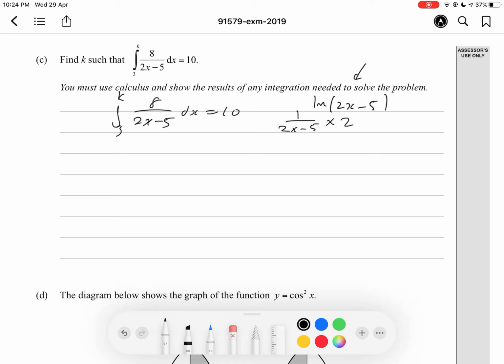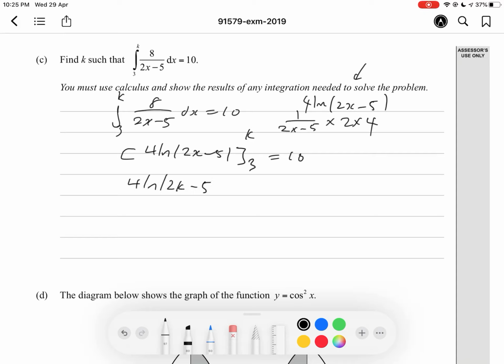So instead of having 8, we'll have a 4 outside the ln, so that when time comes we can multiply by 2 to get the 8 we need at the top. So what we actually have here is 4 ln of 2x minus 5 between k and 3 equals 10.